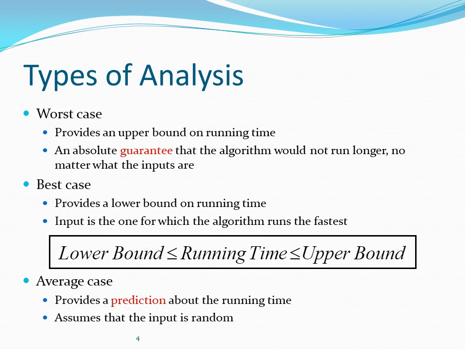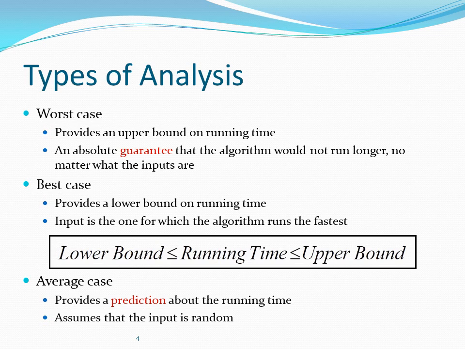Best case running time is a lower bound. It is the input for which the algorithm runs fastest. Next, average case.